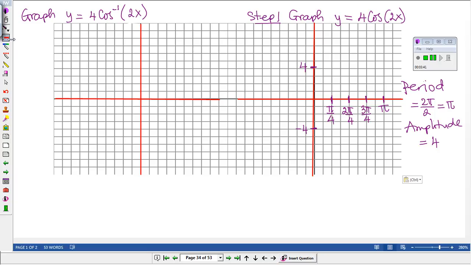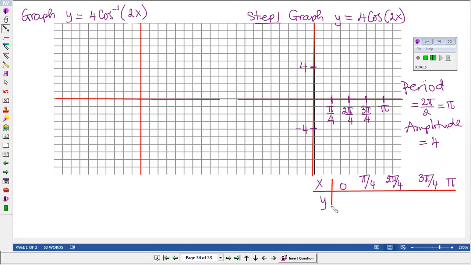Now we need to make a table. So we have x go from 0 to pi, pi over 4, 2 pi over 4, and 3 pi over 4. Now the 2 pi over 4 you can reduce into pi over 2 if you want to.